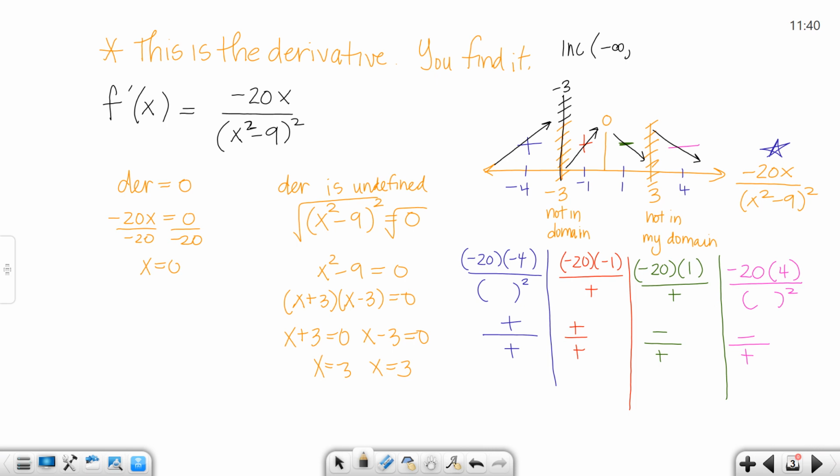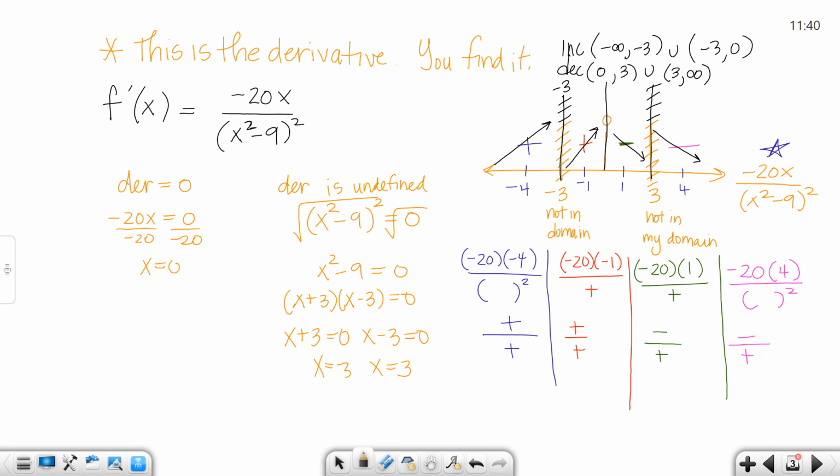You put what I call my walls. These are the values we're using. So it increases from -infinity to -3. It also increases on this middle interval, from -3 to 0. It decreases from 0 to +3, and it decreases again from 3 to infinity.